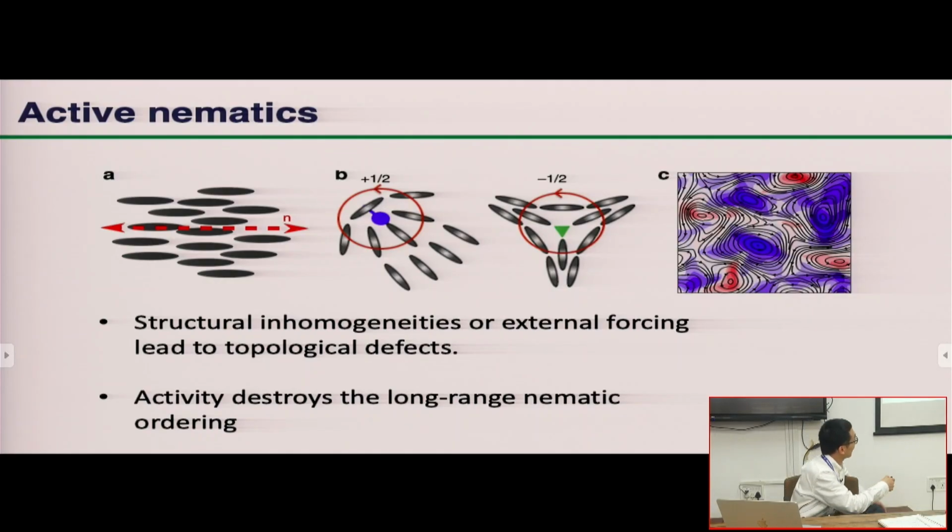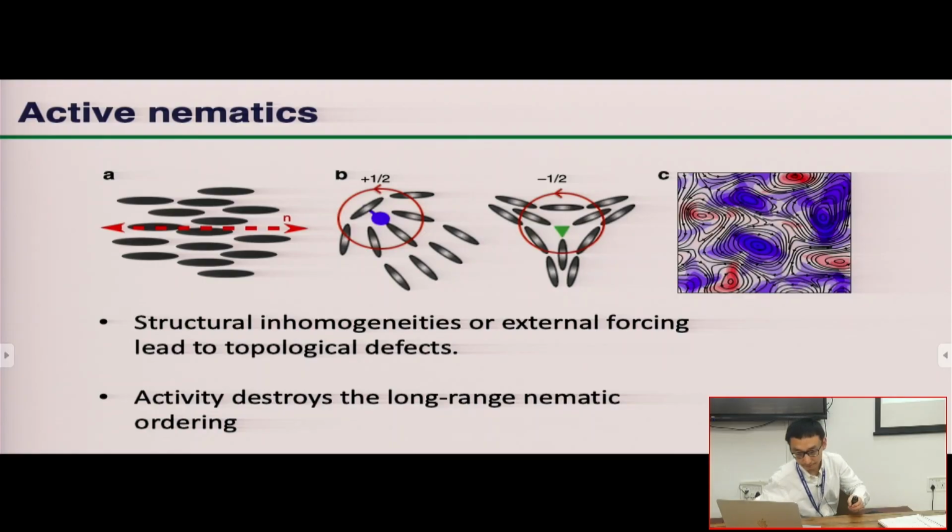So essentially what happens is you have domains here. For example, look at this one. You have three domains. The top domain is aligned in this direction, this domain is aligned in this direction, and this one is in here. So there's a conflict in the middle. You're trying to align with all of them, but you cannot, so you create this defect there. You can characterize this defect by looking at what's called the winding number. You go around counterclockwise in a circle.